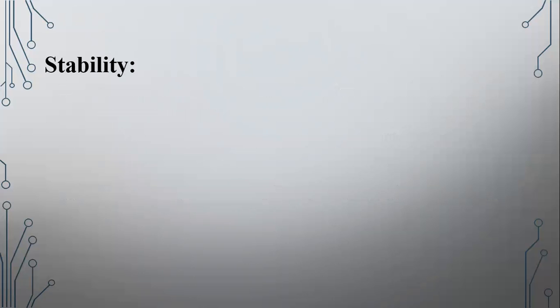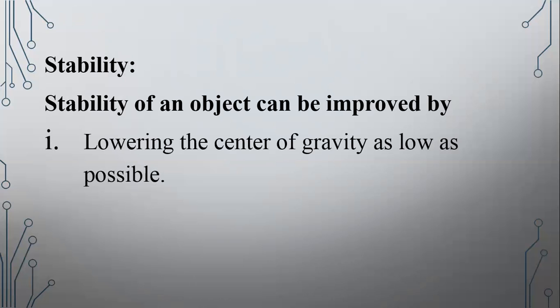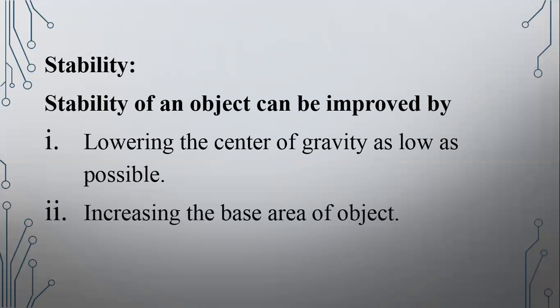And finally, stability. And how can we improve the stability of an object? So stability of an object can be improved by lowering the center of gravity as low as possible. एक ऑब्जेक्ट का सेंटर ऑफ ग्रेविटी जितना नीचे होगा, जितना कम हाइट पे होगा, वो ऑब्जेक्ट उतना ही ज्यादा स्टेबल होगा. एंड नंबर 2, इंक्रीजिंग द बेस एरिया ऑफ ऑब्जेक्ट. अगर आप ऑब्जेक्ट का बेस एरिया बढ़ा देते हो तब भी ऑब्जेक्ट की स्टेबिलिटी बढ़ जाती है.